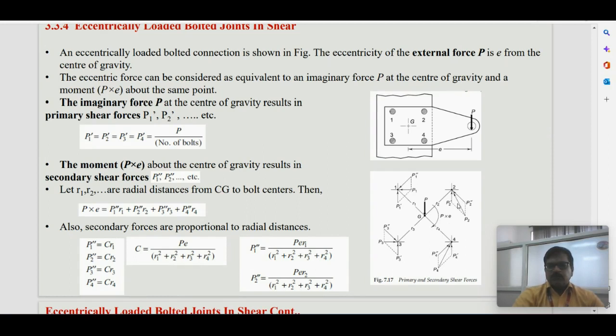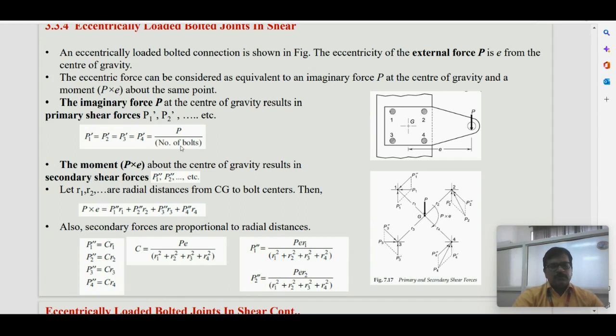That means bolt number 2 and bolt number 4 can have the maximum resultant force. The design is based on that maximum loaded bolt, and we are going to find the diameter of all four bolts based upon it.